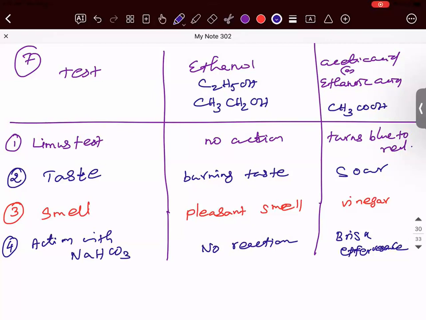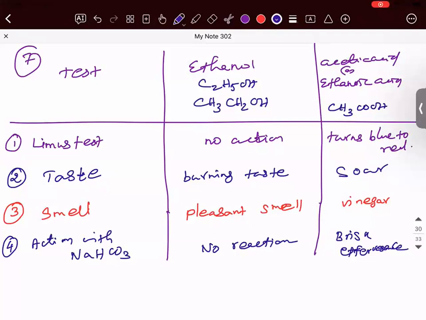வேற என்ன டெஸ்ட் சொல்லலாம்? வேற என்ன டெஸ்ட்? என்ன கலர்? ரெண்டுமே கலர்லெஸ் தானே? ரெண்டுமே கலர்லெஸ் தானேப்பா? Both are colorless தான். வேற என்ன சிம்பிள் டெஸ்ட் இருக்கு?